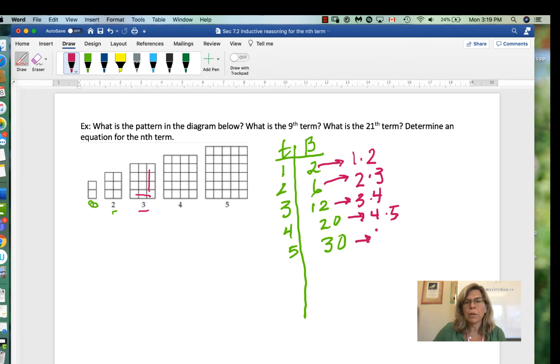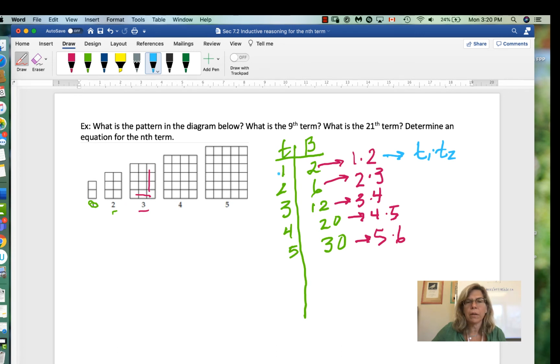So what can you infer from that? Well, you could say, okay, term 1 is 2, and you can come to that by saying it's term 1 times term 2, which is 1 times 2.